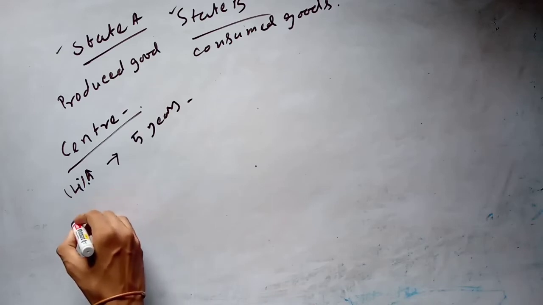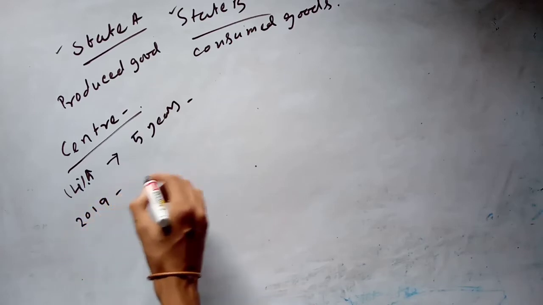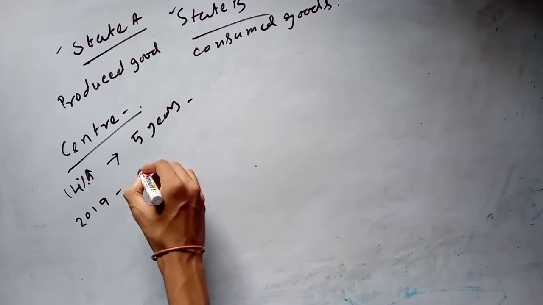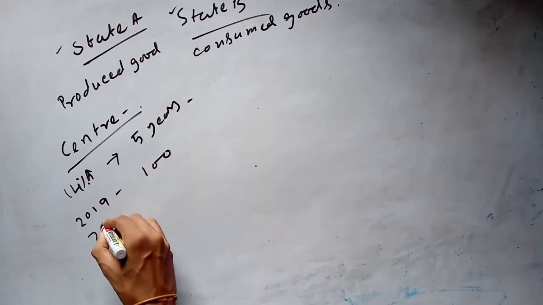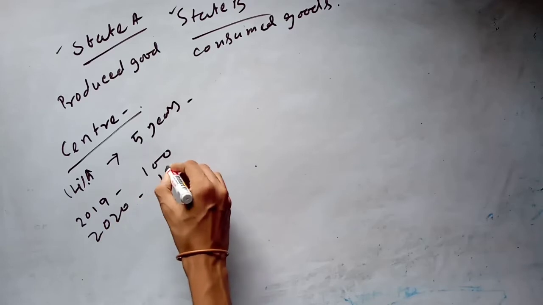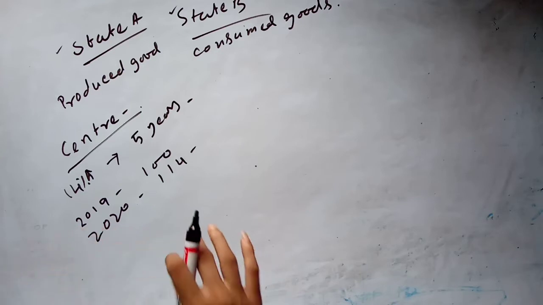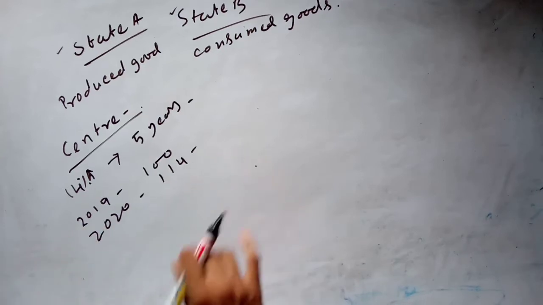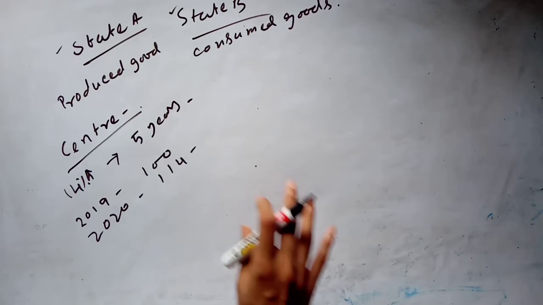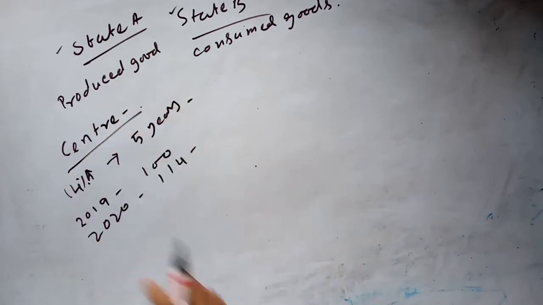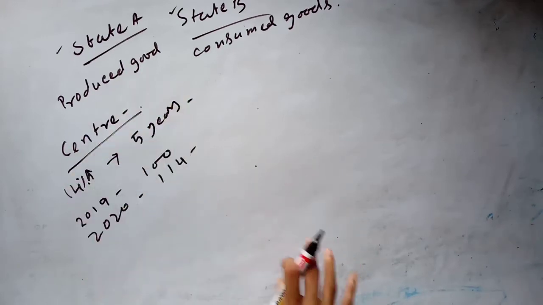Suppose in 2019 the revenue is 100, then in 2020 the revenue will be 114. So they assume that the growth is 14%, and then there is no claim for state A, which is called compensation cess.